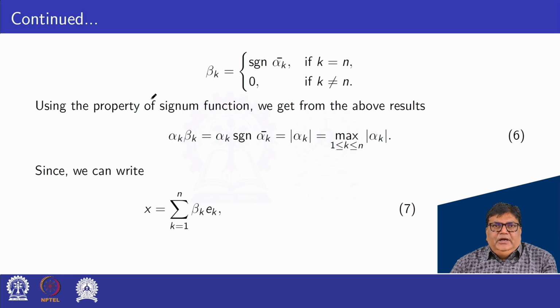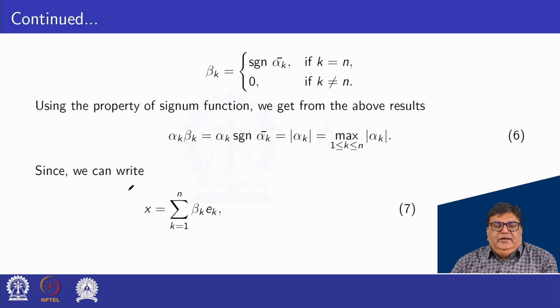From the property of signum function, we have mod alpha k if k equal to n. So mod alpha k, we can write supremum of mod alpha k or max of mod alpha k, k lies between 1 to n.